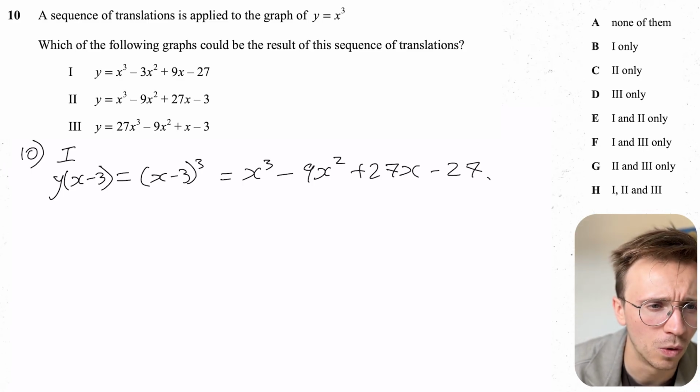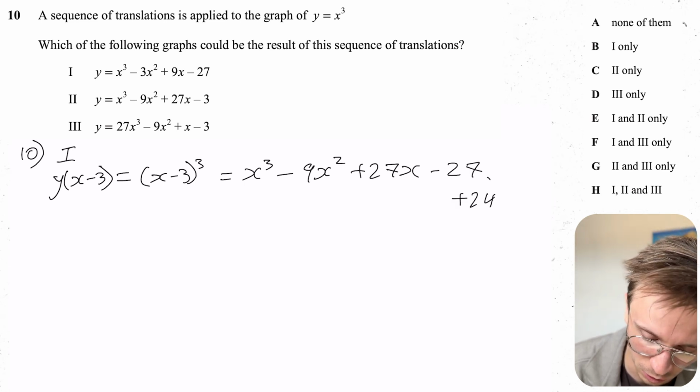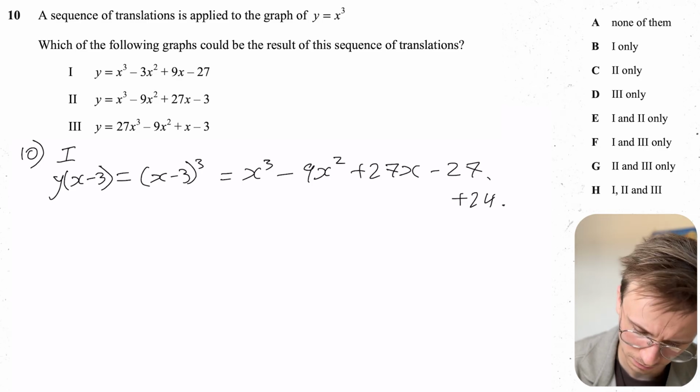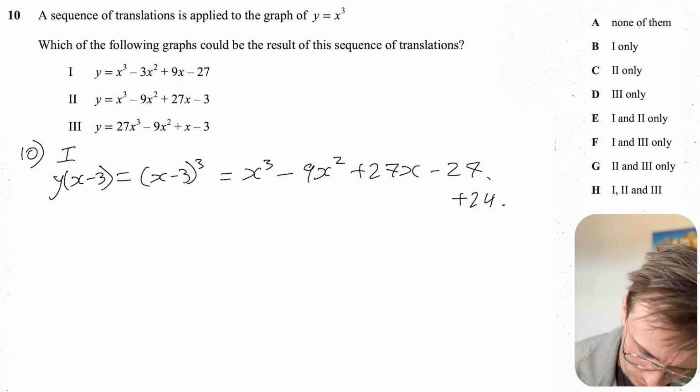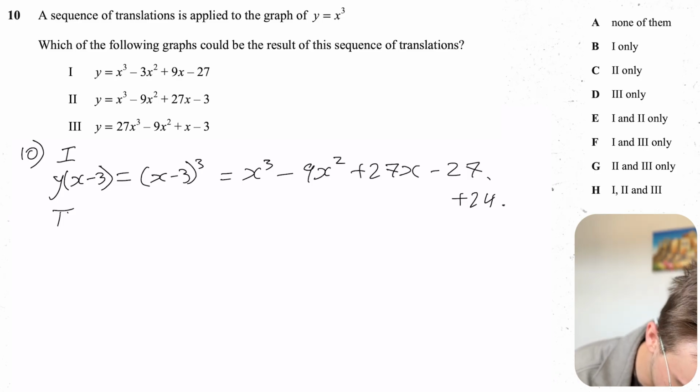Okay, that's not 1, but that is 2, because then it's just a shift upwards of 24, which you can do at the end, so that's vertically. Okay, that's fine. So that's 2. So 1, I'm not sure.